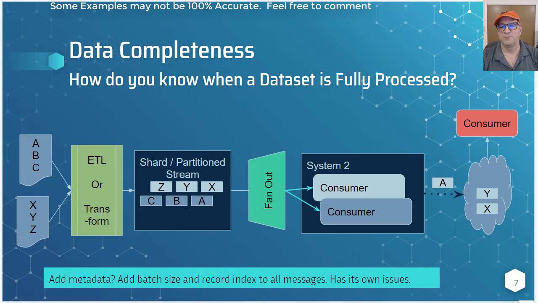So their data could be commingled, which is not a big deal. But because there's no begin and end, and because they could be out of order, begin and end doesn't make sense. The consumer won't actually know when that data set ABC is done or XYZ is done, right? You could maybe send a counter that tells you how many messages are coming from that data set and then put a data set identifier in it. But even that's kind of weird because the counter can show up after the data set starts appearing.